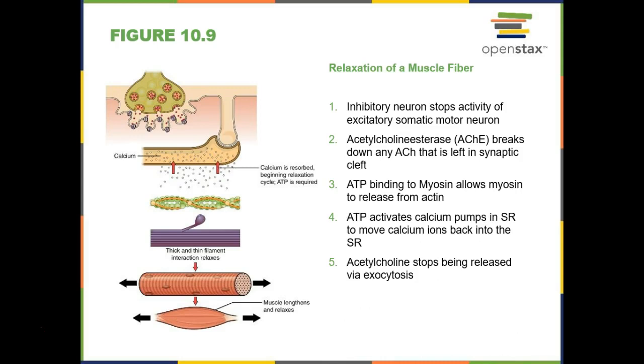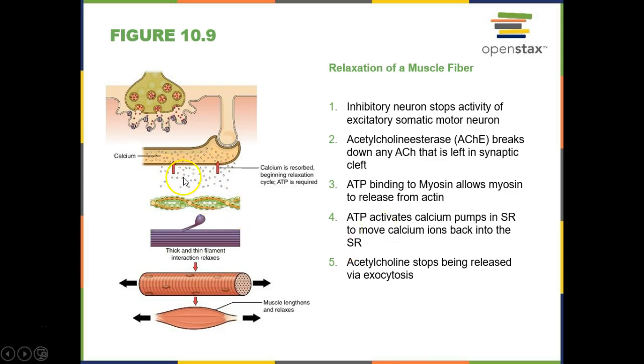So the first step is you're going to have an inhibitory neuron stimulating the excitatory neuron, basically telling it to stop sending signals. That leads to the excitatory neuron, the somatic motor neuron, no longer releasing acetylcholine.